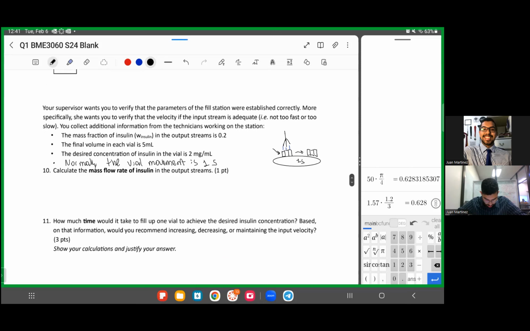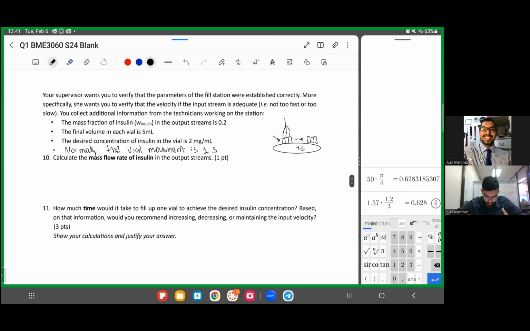The mass fraction of insulin in the output stream is 0.2. So whatever the mass is, multiply by 20%, and that's going to give us the final mass. The final volume of each vial is 5 milliliters. That's important. So the mass fraction of insulin, the desired concentration of insulin, is this one.